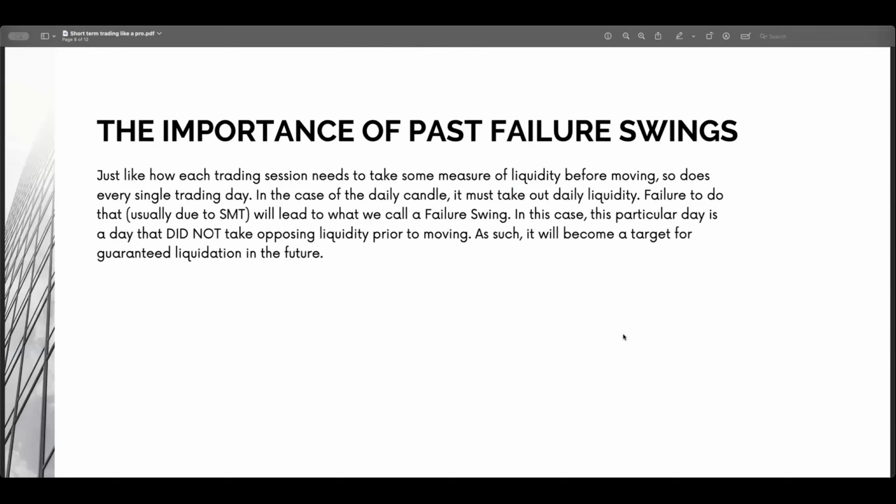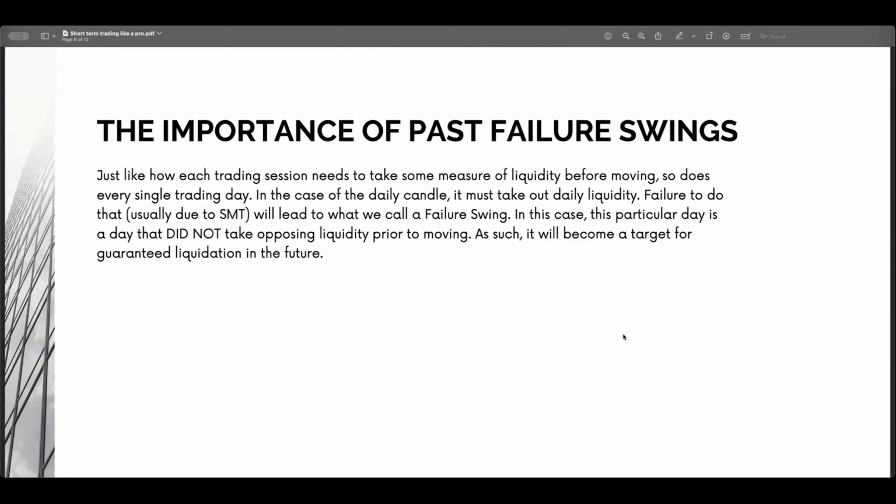Failure to take out daily liquidity, usually due to SMT, will lead to what we call a failure swing. This particular day did not take opposing liquidity prior to moving, therefore it will become a target for guaranteed liquidation in the future.